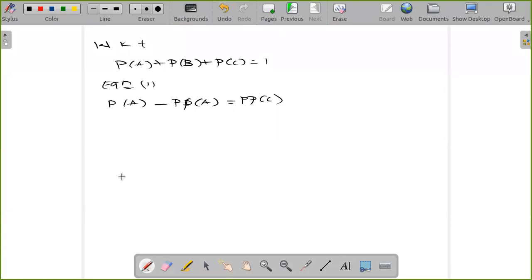Convert everything so that P of C or P of B is in one form. Even we can solve it by the substitution method also, whichever you feel is easy. P of A is equal to 1 minus P into P of C.